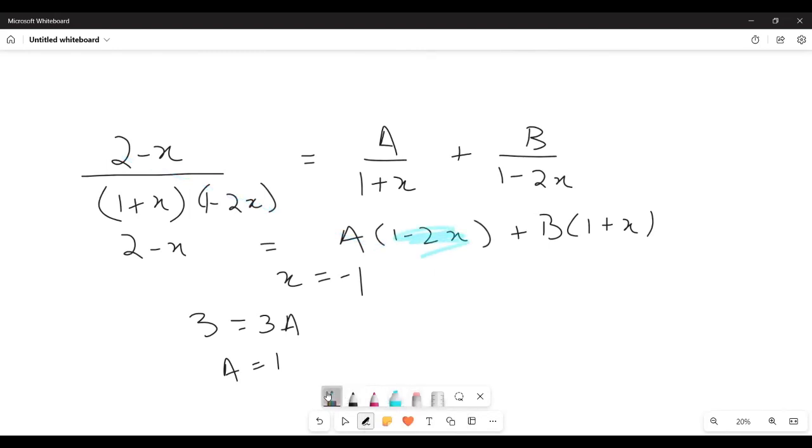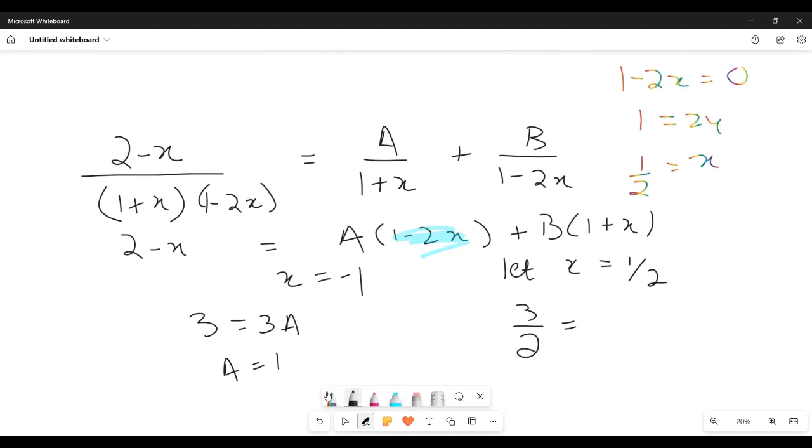So 1 minus 2x इक्वल को अगर 0 करना हो तो 1 is equals to 2x आ गया और x is equals to half आ गया. तो अब हम सपोज करेंगे कि let x equals half. तो a की टर्म कैंसिल हो जाएगी. So we get 2 minus half, which is 3 upon 2 is equals to b की टर्म बन गई 3/2.